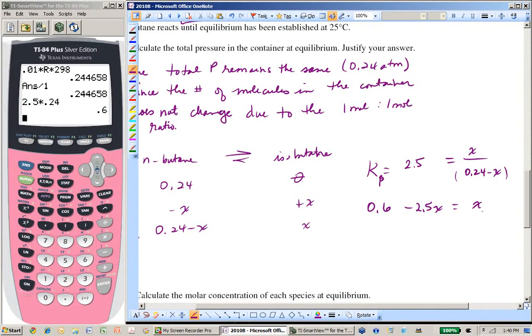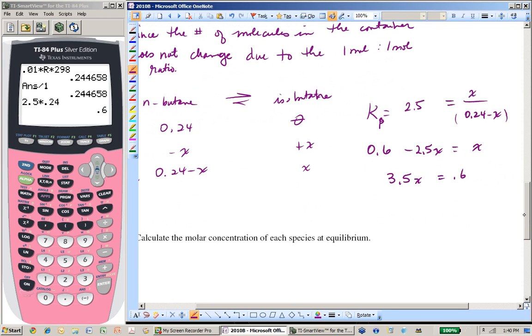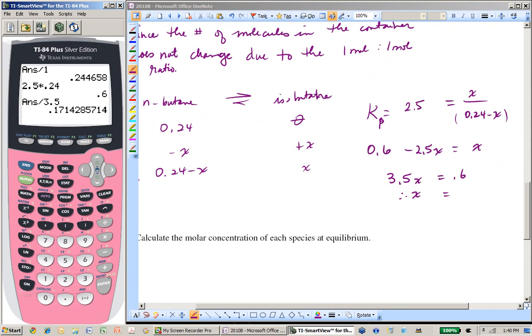So 0.6 minus 2.5x, I'm just cross multiplying across this expression, is equal to x. Collect like terms. I would add 2.5x over on this side to get 3.5x equals 0.6, but I'm going to write it this way. You don't have to. This is the way I like it. So let's solve for x. What would that be? 0.6 that's sitting in my calculator divided by 3.5, and that is 0.17 atmospheres.